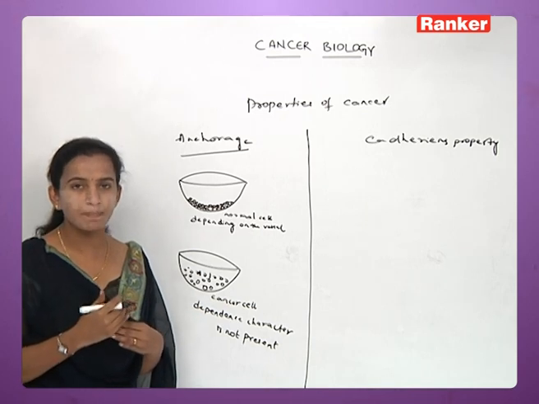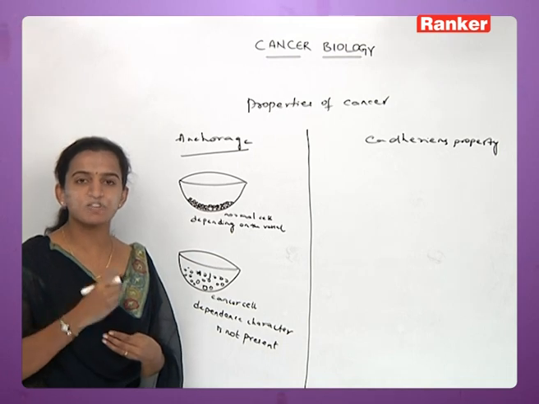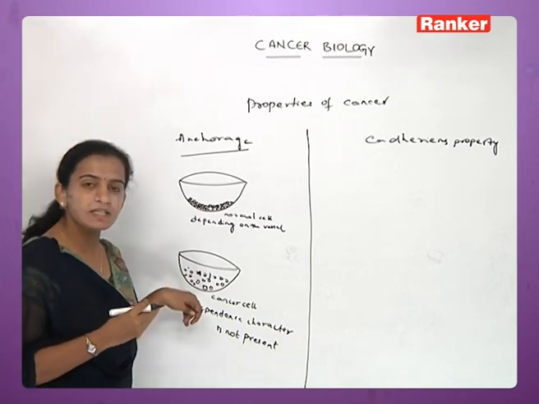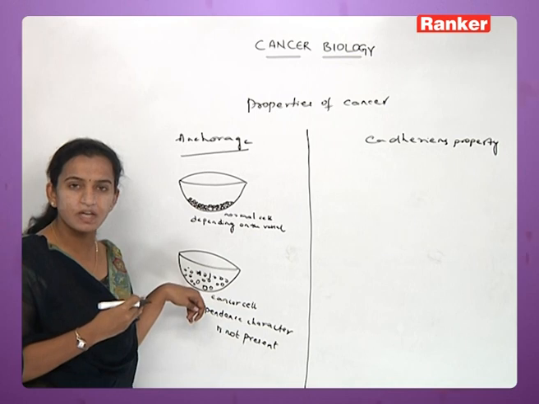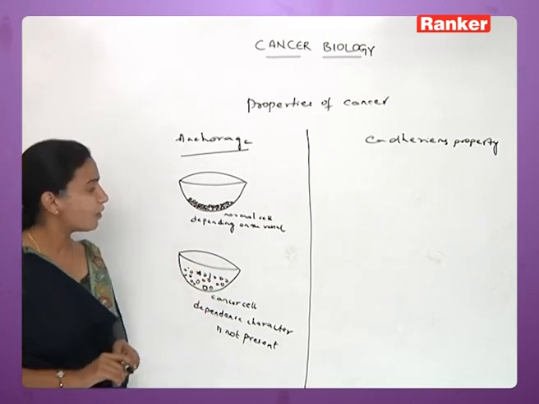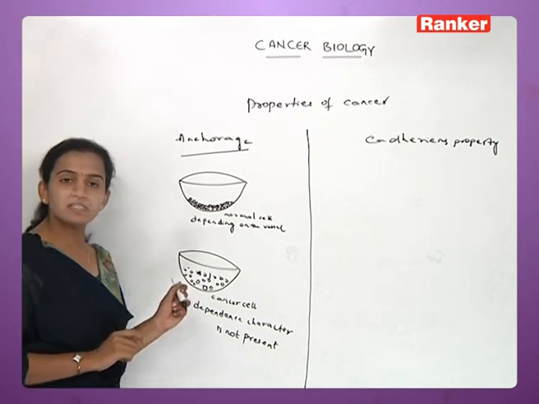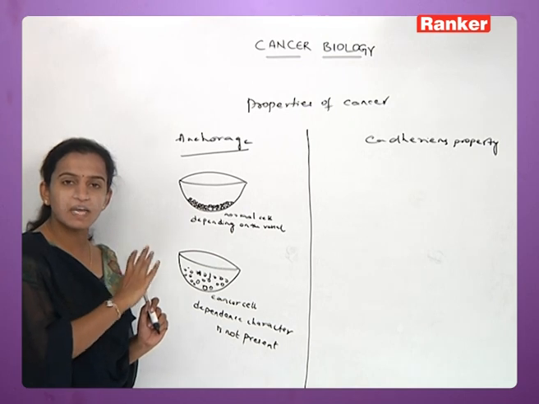But in the normal cell, there is no such scope of division. In the cancer cell, there is a lot of scope of division, and you can see how the cells are scattered all over the vessel, whereas in the normal cell they are not scattered.